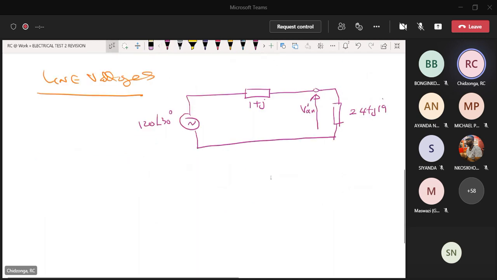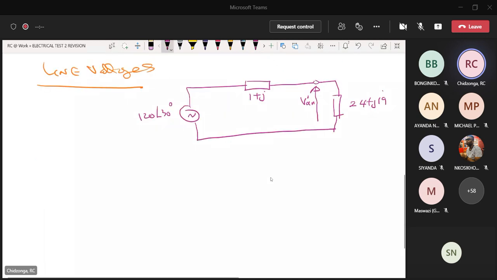the load side, I can just use voltage division because this voltage here I know, I've assumed. So I can write VAN dash to mean on the load side. You use voltage division.